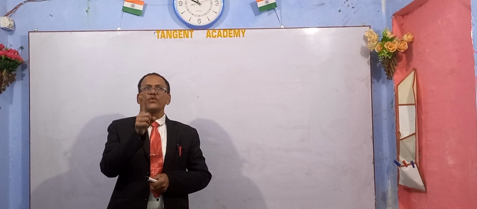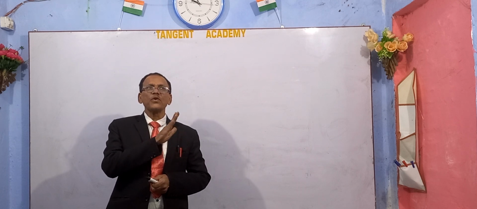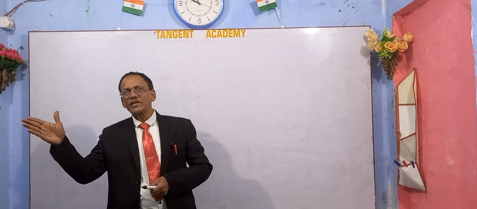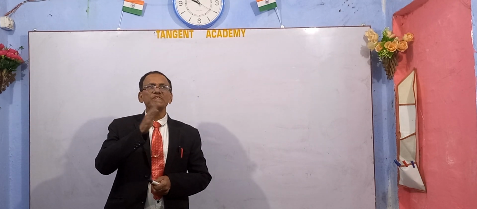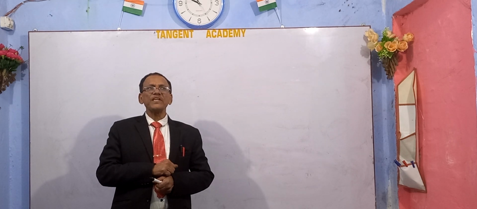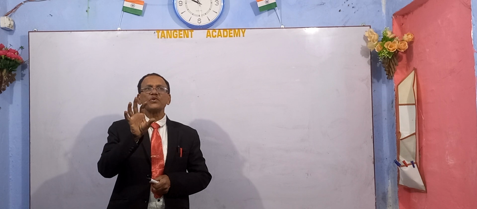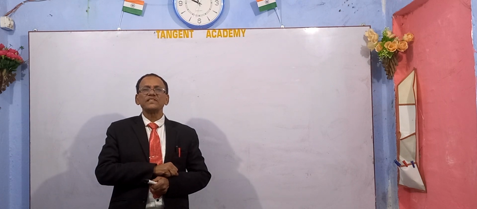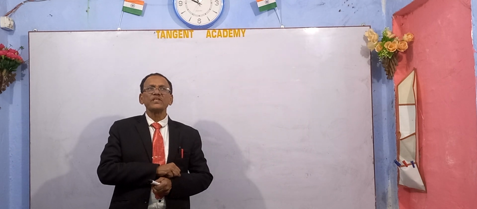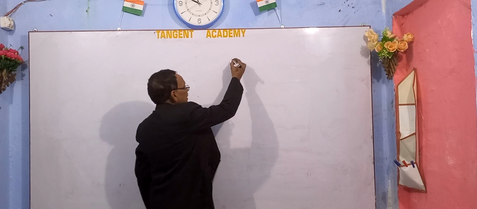Impulsive force doesn't remain constant but changes from 0 to maximum and maximum to 0. Third point: impulse is the product of force and the time for which the force acts on the body. It is the measure of impulsive force. Let us write.